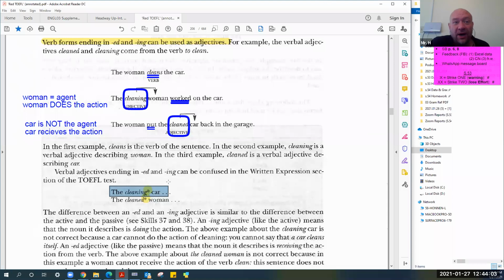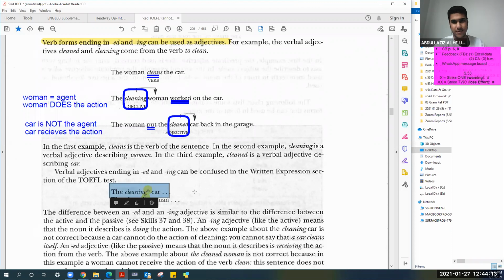Think about it. What does it mean when you say the cleaning car? That means the car is doing the verb. Can the car do the cleaning? Of course not. No way. The car can't do the cleaning. Do you understand?